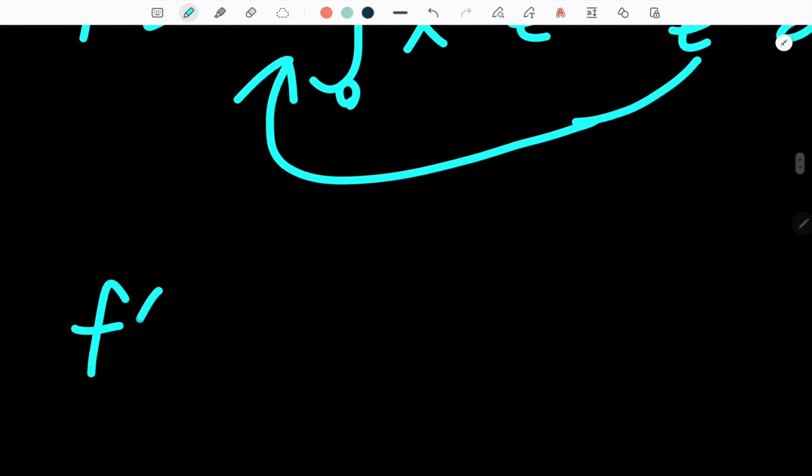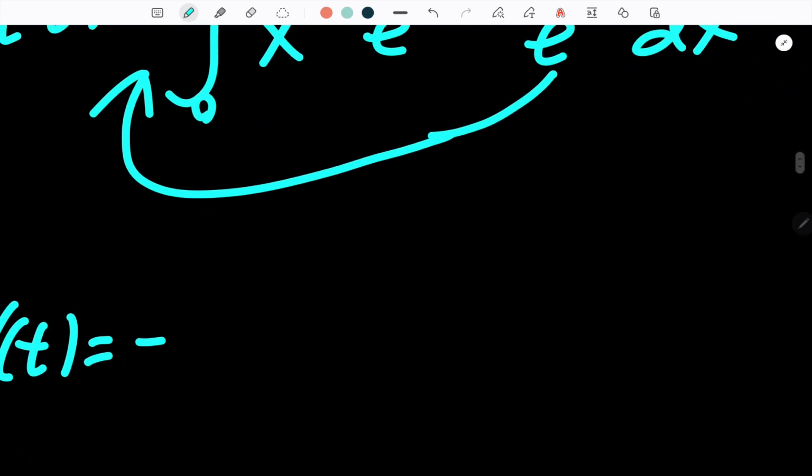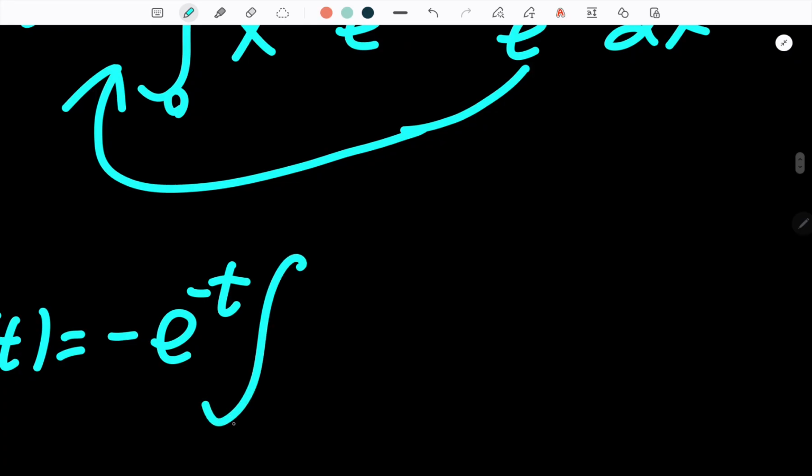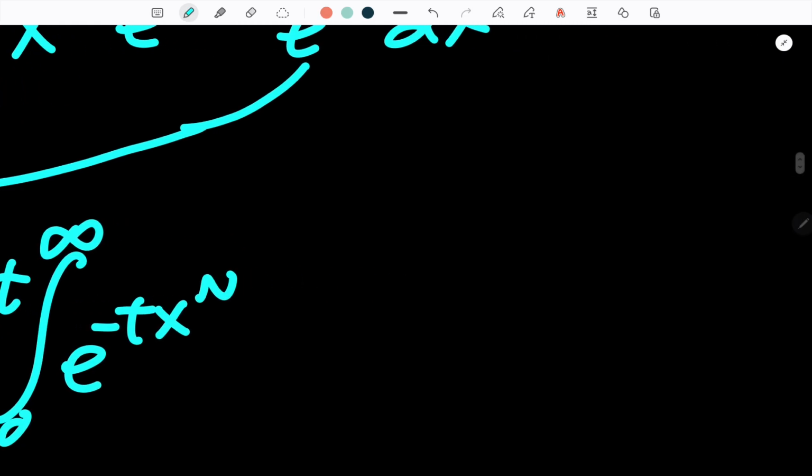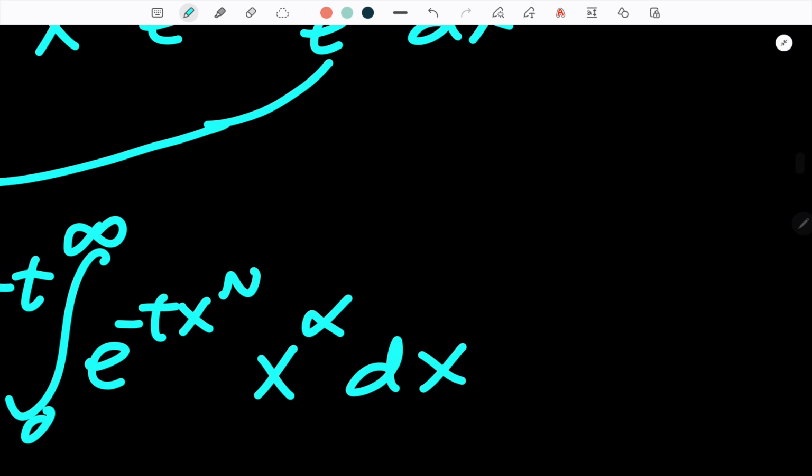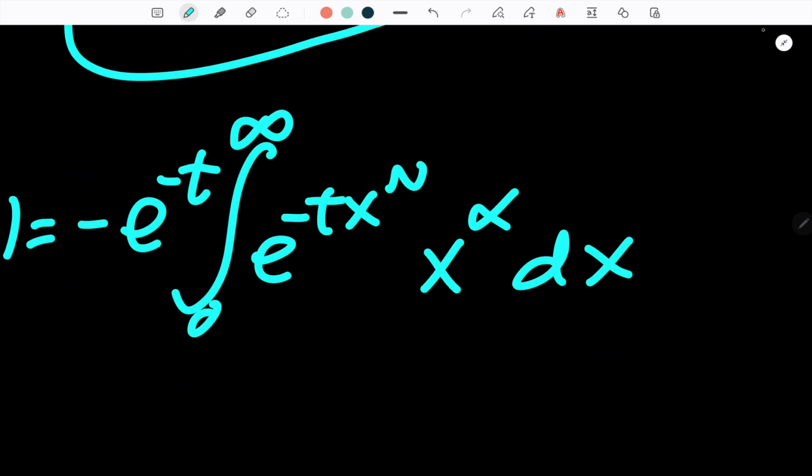So now we have f prime of t is going to be negative e to the negative t times the integral from 0 to infinity of e to the negative t times x to the n times x to the alpha dx. There we go.